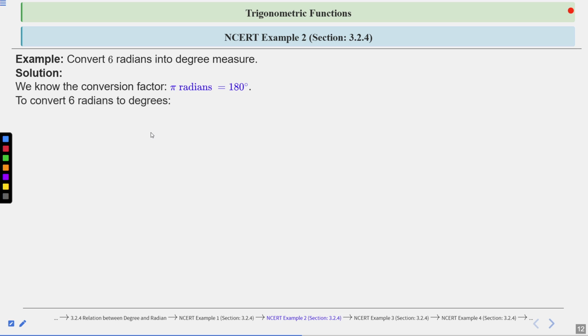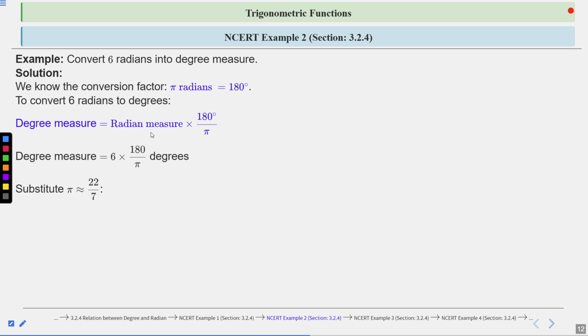To convert 6 radians to degrees, we are going to use this form, which says that if you have your radian measure, just plug the radian measure in the right hand side and you will get your output in degree measure. So radian measure times 180 degree by pi. So degree measure is equal to 6 times 180 by pi degrees.